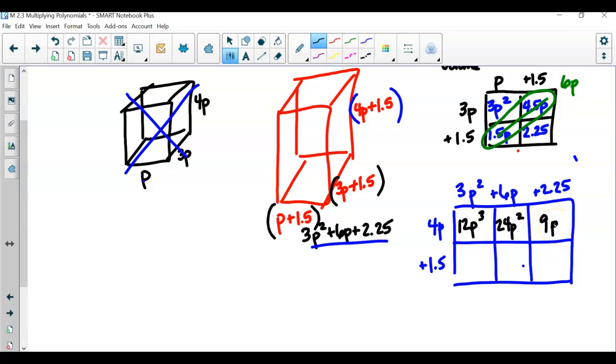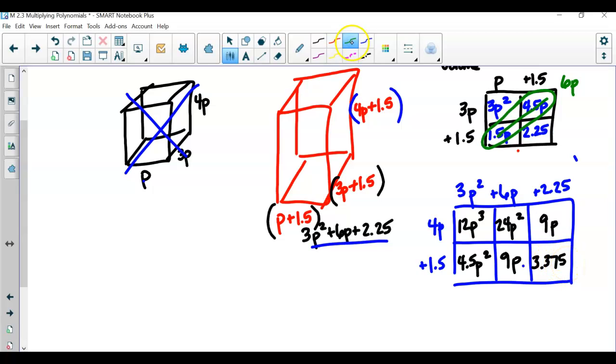Then 2.25 times 4P is now 9P. Now bottom row, 3P squared times 1.5, 4.5P squared. Then the next 6P times 1.5, you get 9P. Then here, 2.25 times 1.5, you should get 3.375.